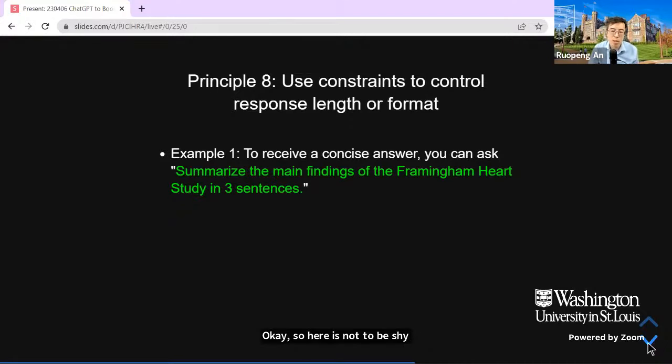If you want to summarize in 3 sentences, 100 words, just tell it. And ChatGPT is very versatile in either expanding or compressing the content to the desirable length or format.